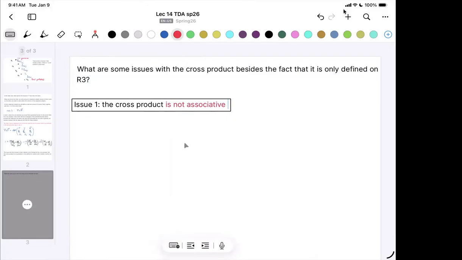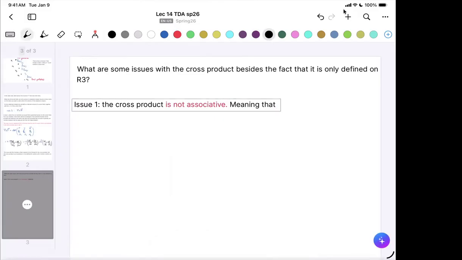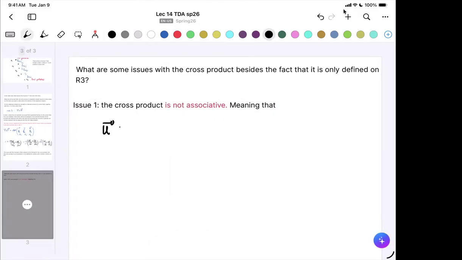What does it mean to say that the cross product is not associative? It means that parentheses are needed when you do the cross product. So if you have three vectors, u, v, and w, and I want to take the cross product of u with v with w, you cannot write it this way, because this is ambiguous.